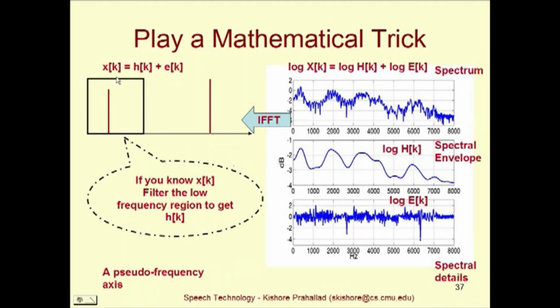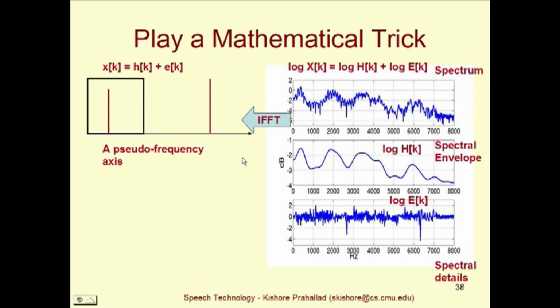You get x of k, and you know that the interpretation of x of k is such that, because it's a pseudo frequency axis, the coefficients present in the low frequency region correspond to the spectral envelope, and the coefficients present in the high frequency region correspond to spectral details. Typically this x of k is referred to as the cepstrum.